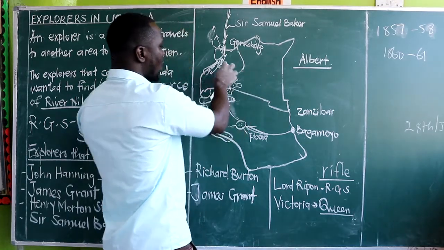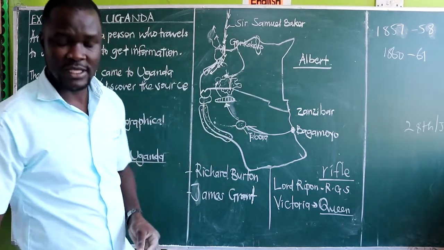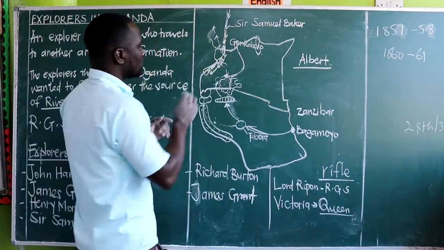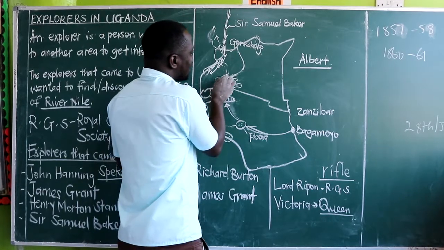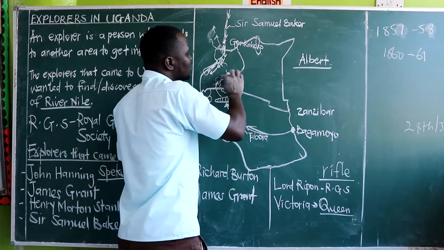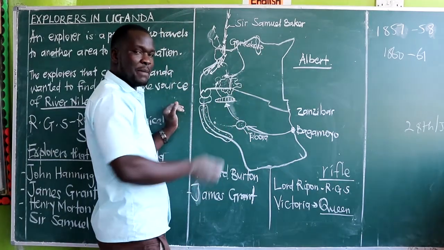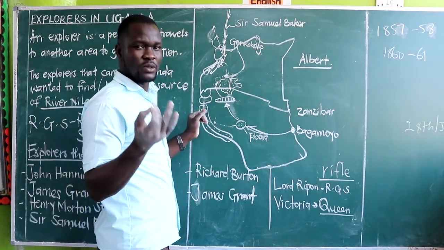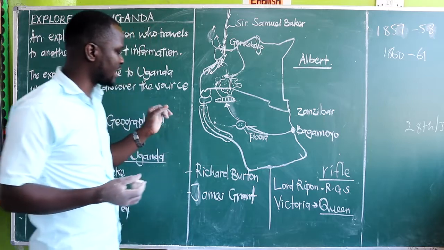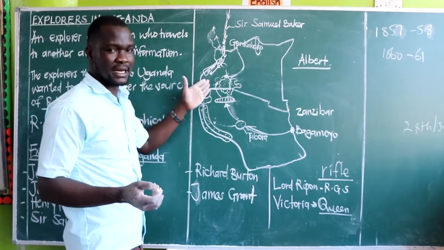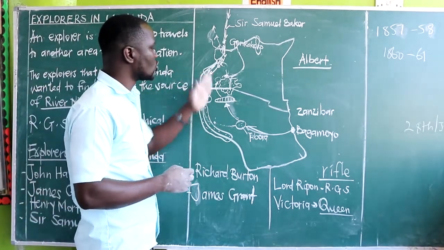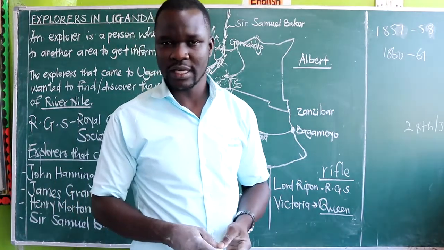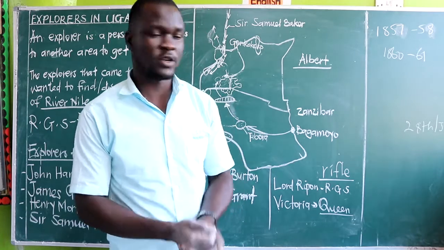We are having why H.M. Stanley was sent to Uganda, and then we shall be having why H.M. Stanley had to circumnavigate, to sail around the lake. There are two different questions we need to answer there. The first one I've already answered. He was sent to Uganda to prove whether John Speke was talking the truth. That is, to prove the findings of John Speke.